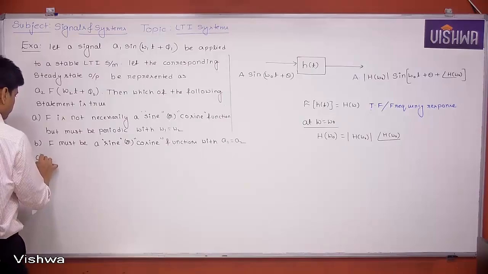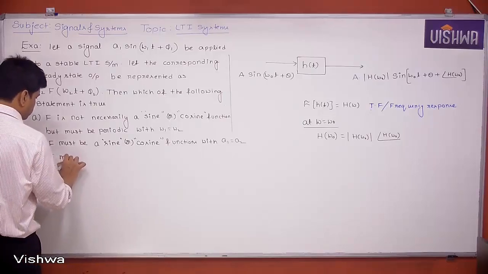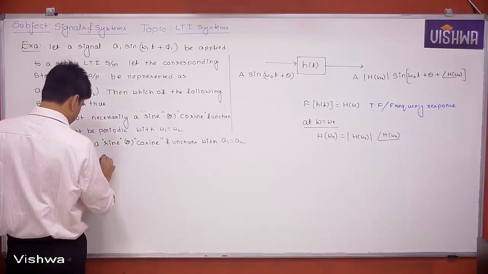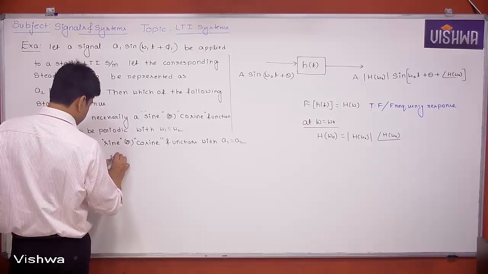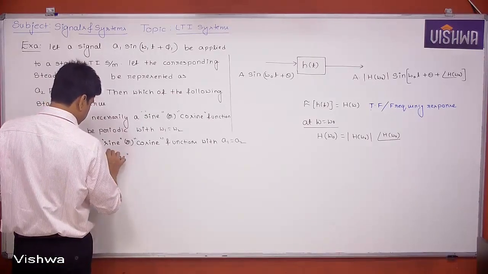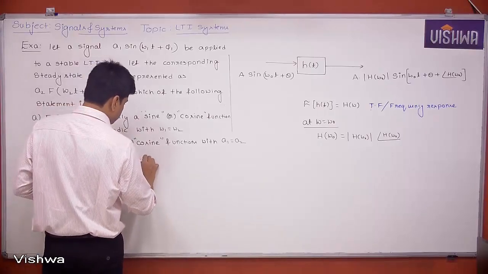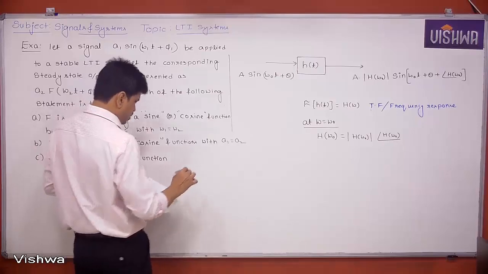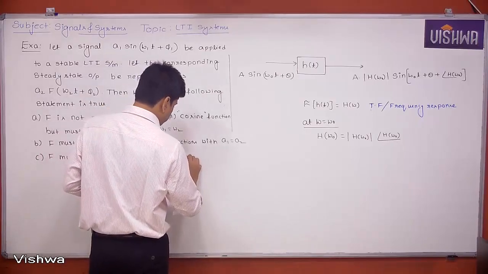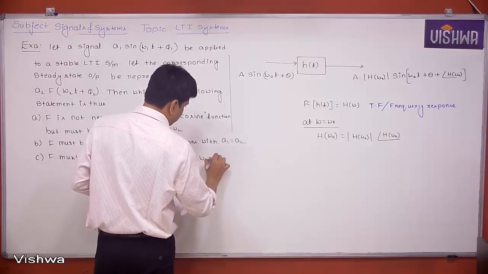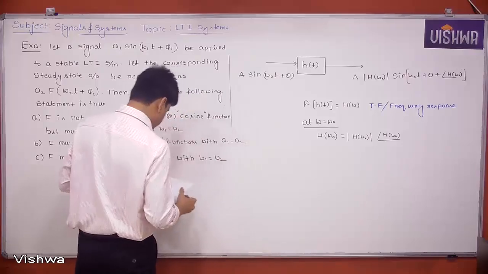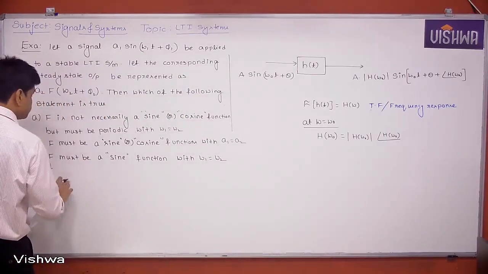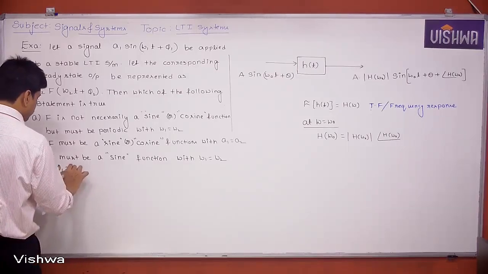Option C. F must be a sine function with omega 1 equal to omega 2 and phi 1 equal to phi 2.